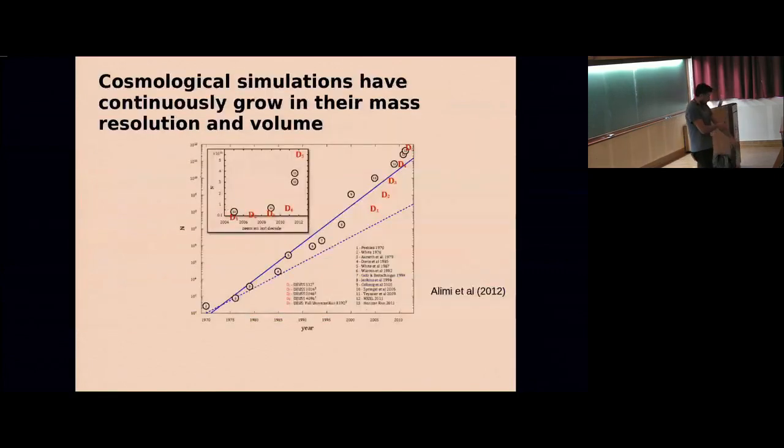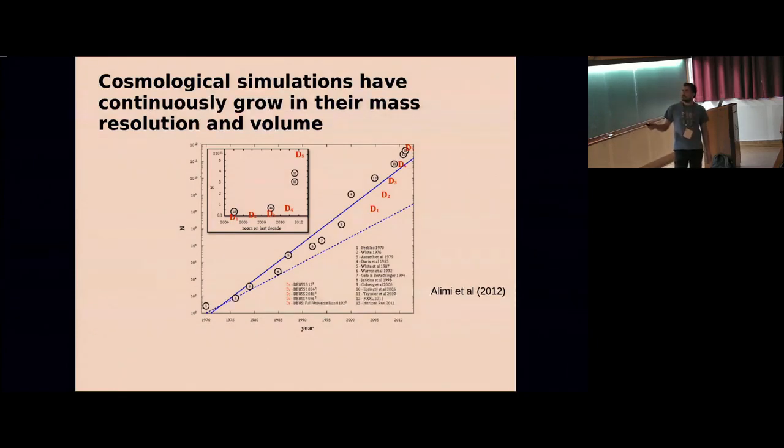So since then, the numerical simulations have kept growing in complexity, in the detail, in the realism. And this is showing you the number of particles in the simulations as a function of the year. So this was the first simulation I showed you, Peebles, and there were some by Simon White, and the Davis simulations were here. And since then, we have grown exponentially.